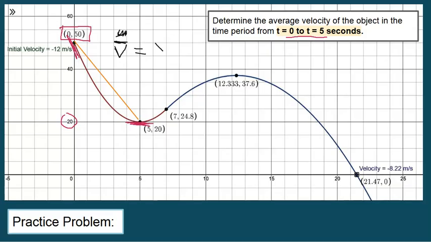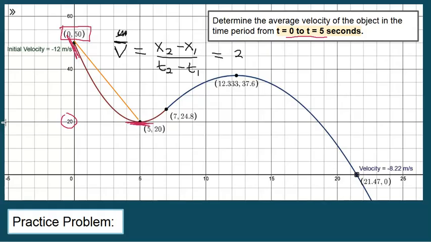So V bar is going to be x2 minus x1 over t2 minus t1. Be careful, don't do the first number you see minus the second number you see, or the bigger minus the smaller. It's always the later in time.